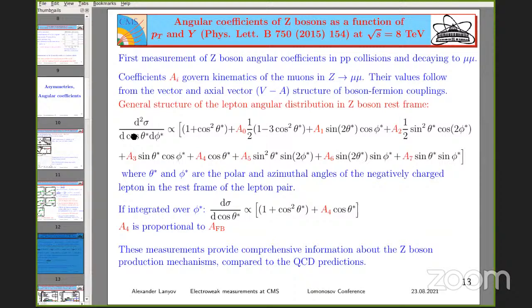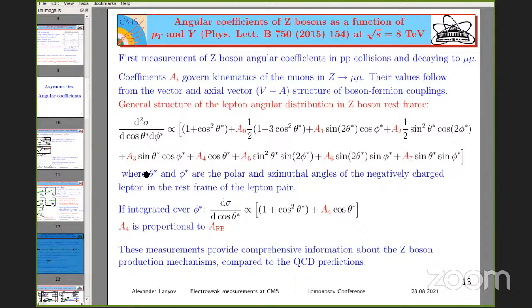But there could also be some generalization of forward-backward asymmetry, because in principle the total differential cross section over two angles contains not only the A4 coefficient but also different coefficients Ai. These coefficients govern the kinematics of the muons in Z to mu mu decay.